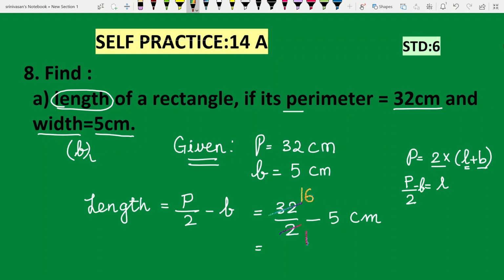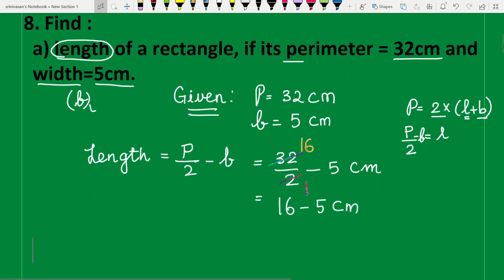So, if you divide this you will get 16. And already we have minus 5 centimeter. What will you get if you subtract 16 and 5? Yes, 16 minus 5 is 11 centimeter.